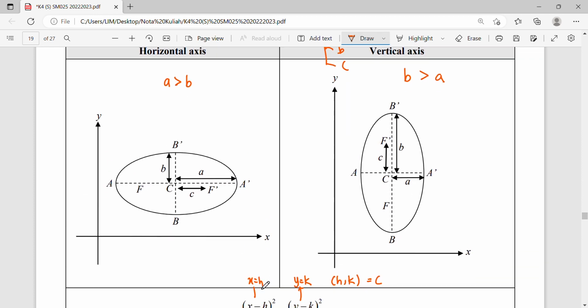So what is your A in your ellipse? A adalah distance from your center to the vertex here. Alright, horizontal distance. A from the center to vertex. So this is your vertex. This is your vertex.